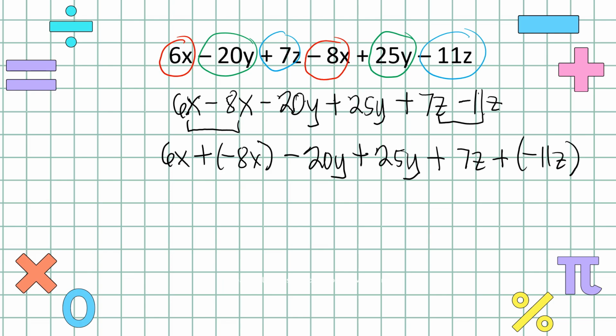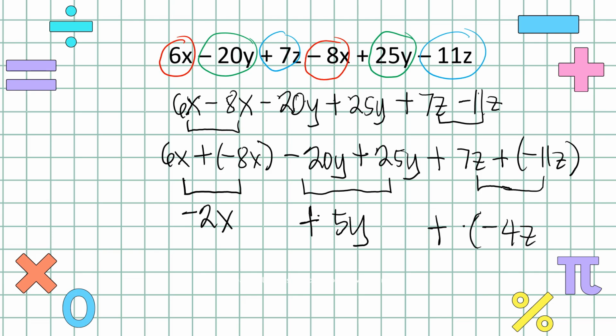Alright, so let's do simplification in each pair of like terms. 6x plus negative 8x, that would be negative 2x. Negative 20y plus 25y, that is positive 5y. And lastly, 7z plus a negative 11z. That's a negative, so plus a negative 4z.